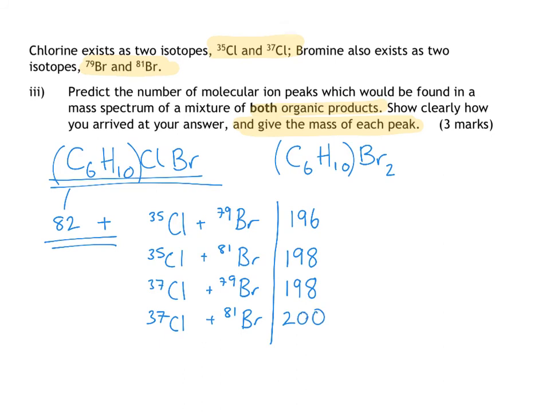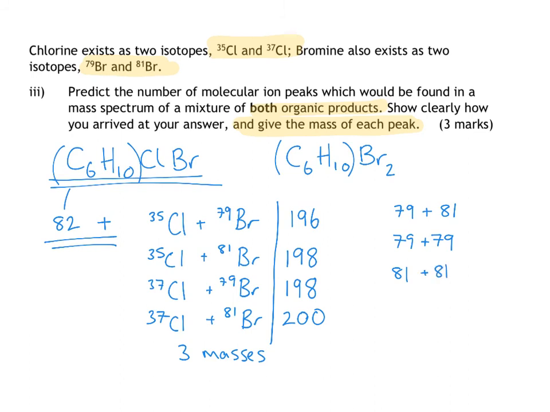So far, for the molecule that has both chlorine and bromine, I have got 3 different masses. Now I'm just going to do the same thing for the Br2, although that's much easier because I only have to consider the fact that there are 2 bromines. So all I need to do is work out what the mass of 79 plus 81, 79 plus 79, and 81 plus 81.